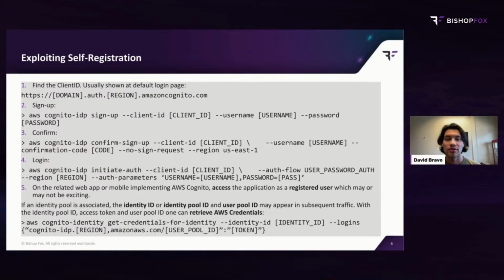In traffic to and from there, you will see in the URL parameters values labeled client ID. This client ID is the user pool client ID, and this value is basically a unique identifier for the user pool that you can actually interact with unauthenticated with the AWS CLI.